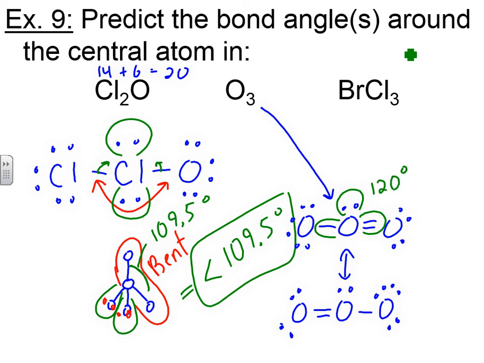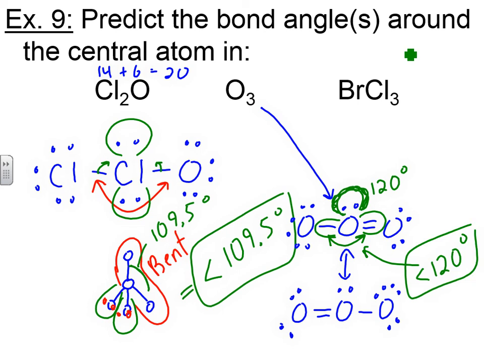You always measure it between the atoms, not the bond, not the lone pair. But because this lone pair creates more repulsion, you can say, takes up more space, again, this bond angle down here will be less than 120 degrees. So this is less than 120.